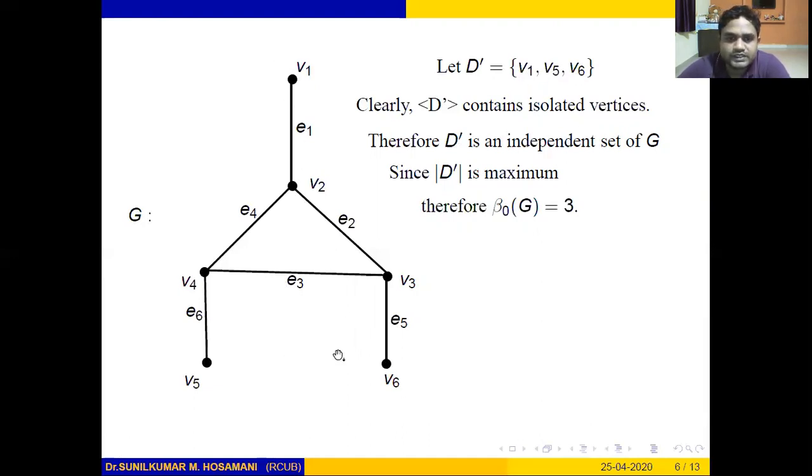Again, V1 and V6 is not a dominating set because this set does not cover V4 and V5. Similarly, if I remove V6, I will get V1, V5, and V1, V5 is not a dominating set. So clearly, this is a contradiction to our assumption that the proper subset is a dominating set.